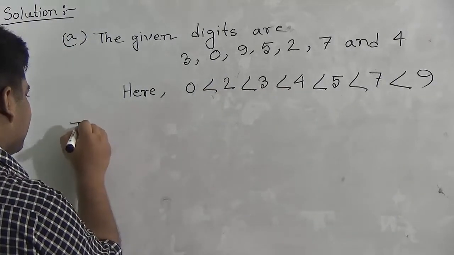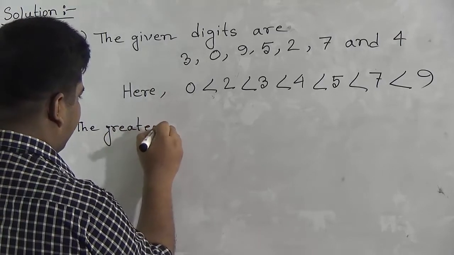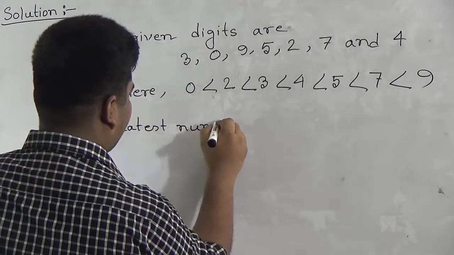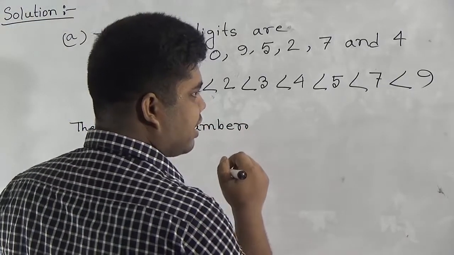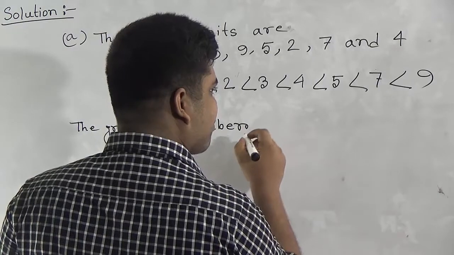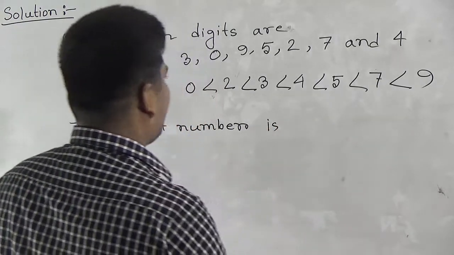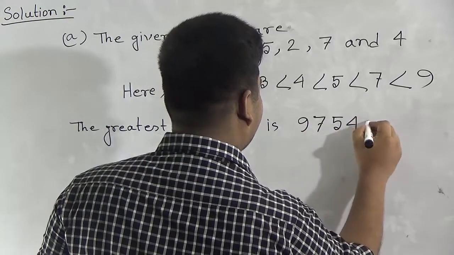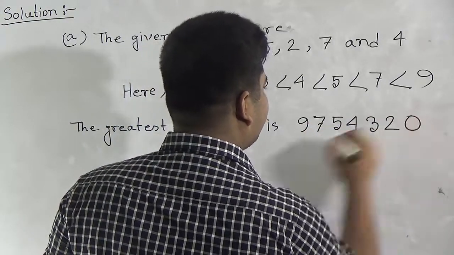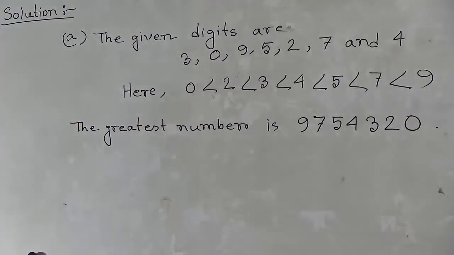That means the greatest number is 9, 7, 5, 4, 3, 2, 0. Okay. Now we shall make a smallest number.